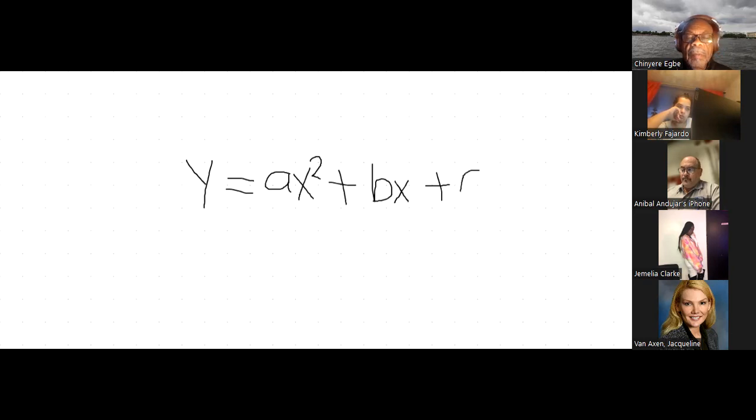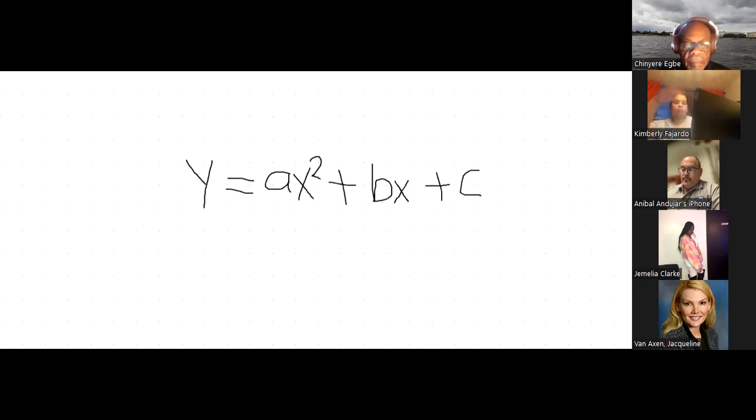the dependent variable, equal to ax to the power 2 plus bx plus c. Okay.